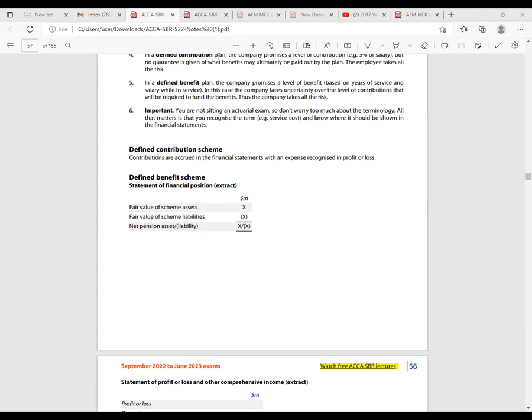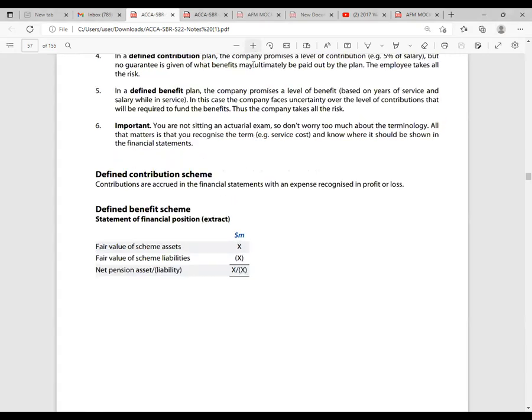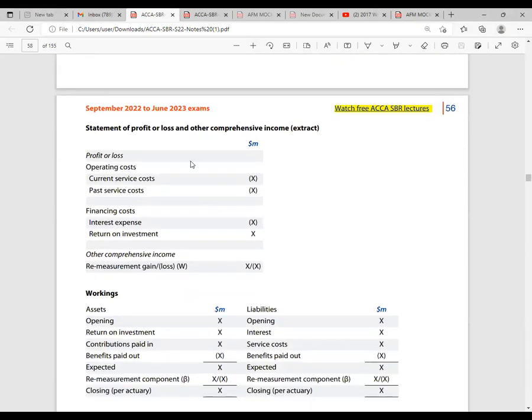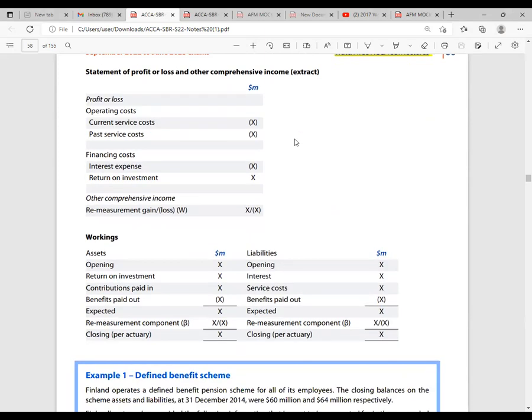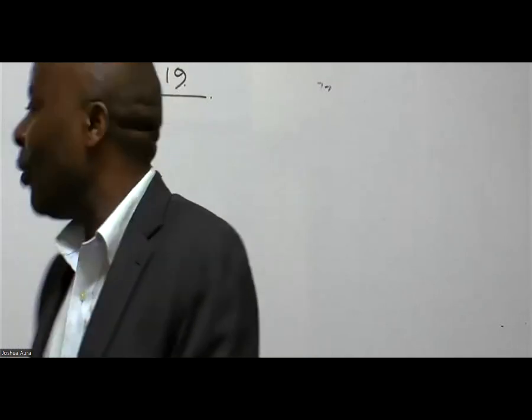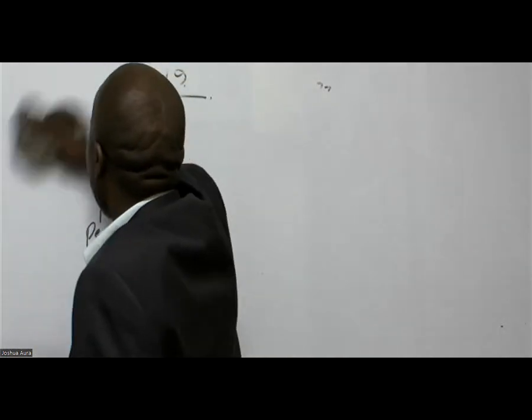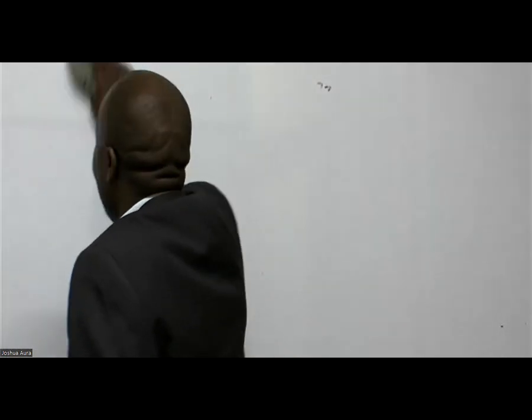And then, ladies and gentlemen, we have something very important here: the statement of profit or loss and other comprehensive income. Remember, under P and L, what are we supposed to account for? Very easy.